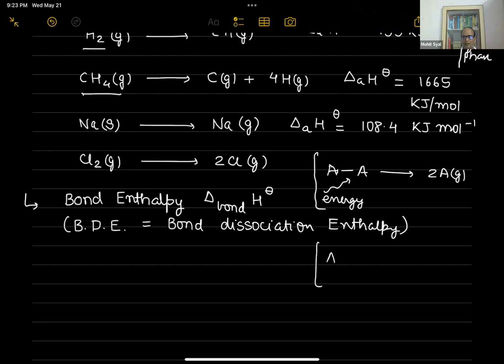Suppose you take separated atoms, and they come close and bind with each other, in gas phase. All should be taken in gas phase. Otherwise, what will happen if you take liquid? The heat you give will basically be used for evaporation. It will not be bond dissociation. So in this, the energy is released.